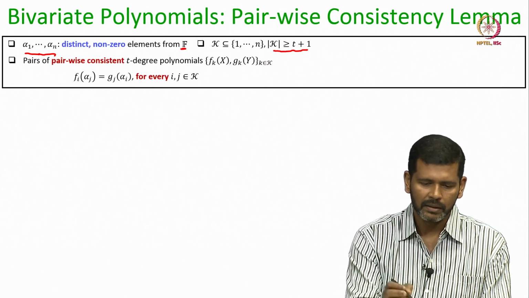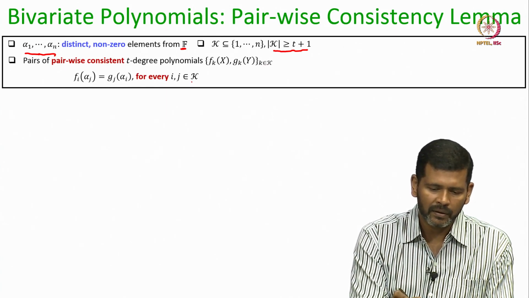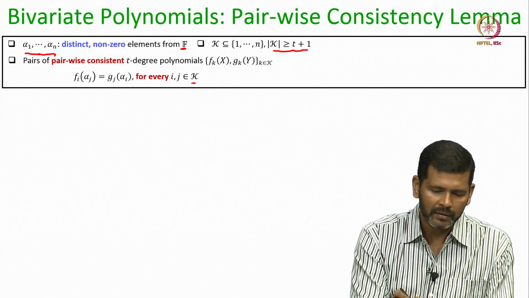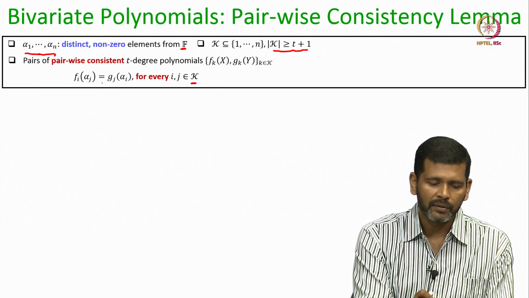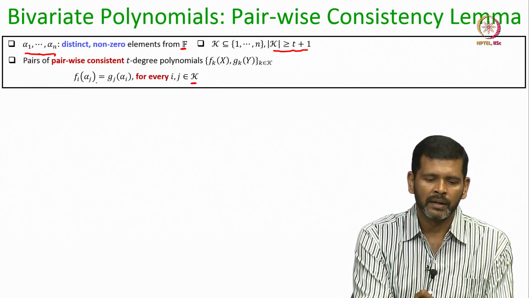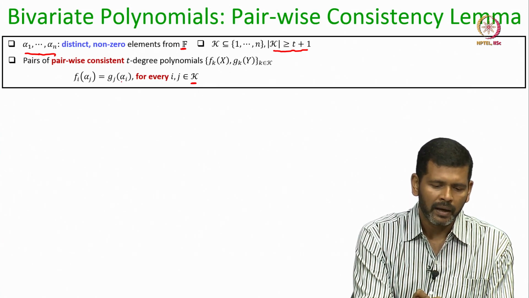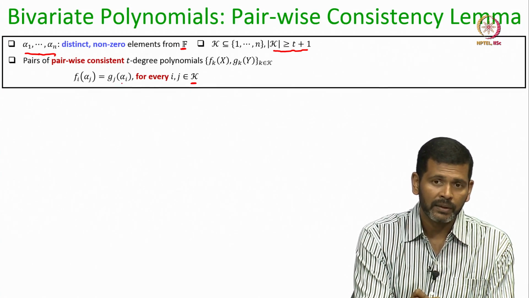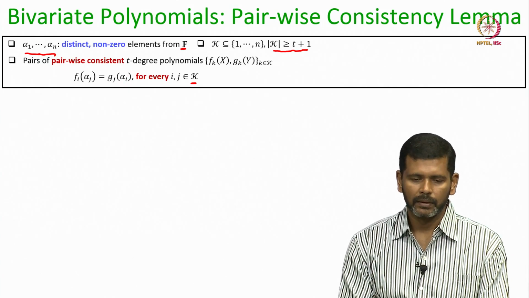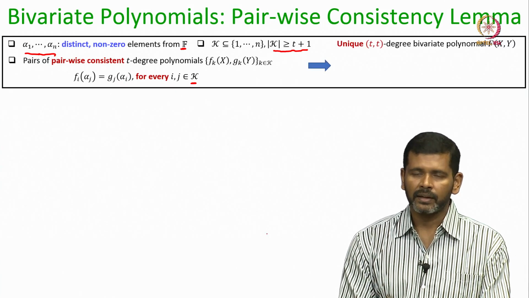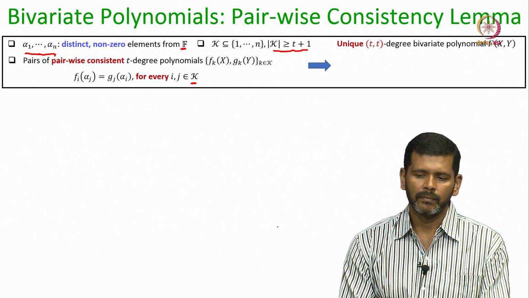What does that mean? That means that if you focus on any pair of indices i, j in this subset fancy k, then the i-th x univariate polynomial evaluated at alpha j gives you the same value as the j-th y univariate polynomial evaluated at alpha i. Okay. If this is the case, then the claim is the following.